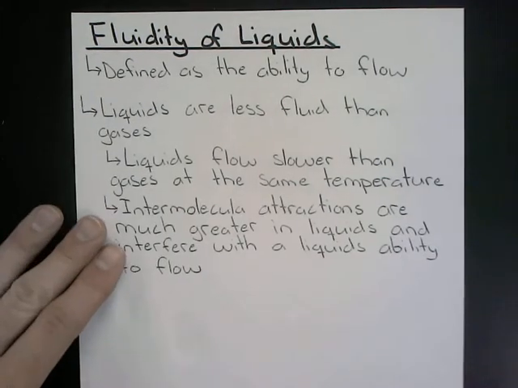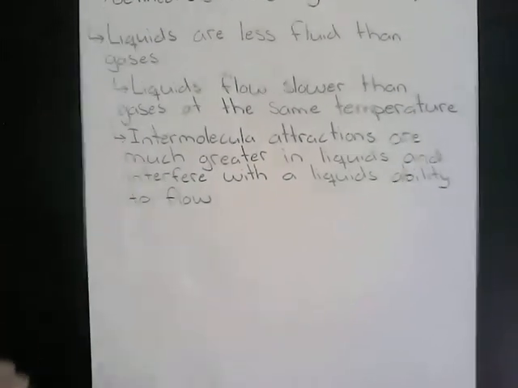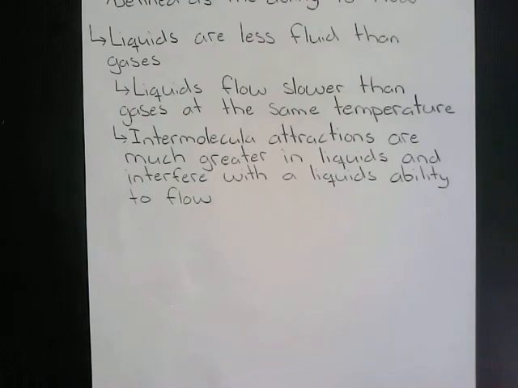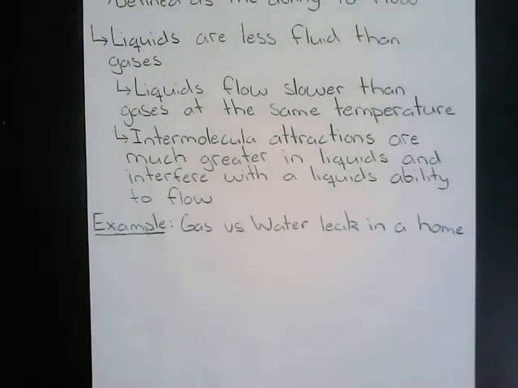Now, if we put these things into an example, it may be easier to see what happens with the fluidity of a liquid. So let's say, for example, you have a gas leak versus a water leak in your home. With a gas leak, the gas can easily diffuse or move throughout the house if you open something like a window or a door.